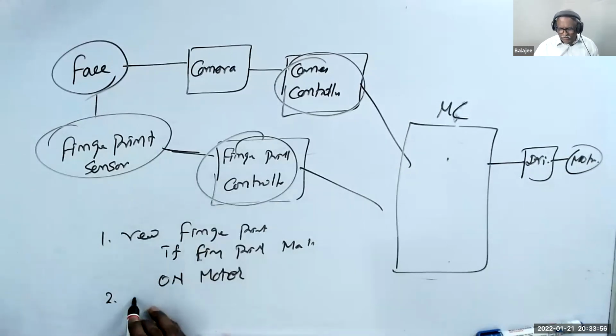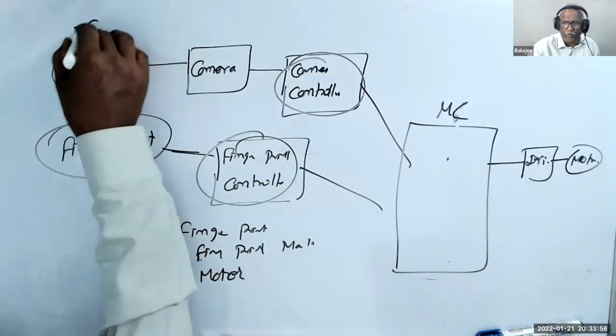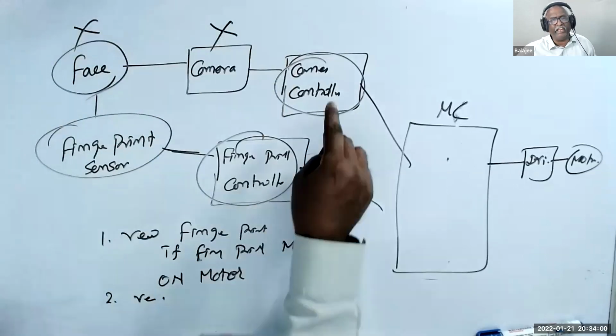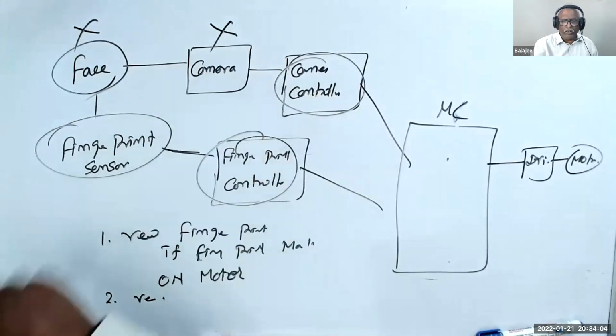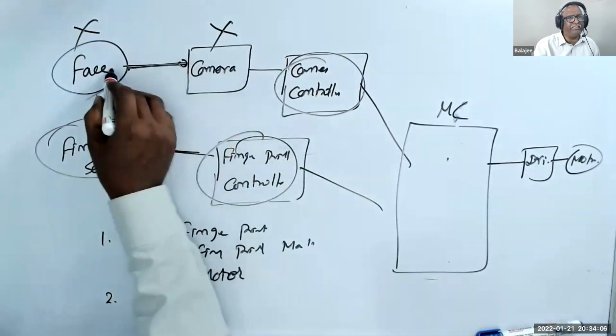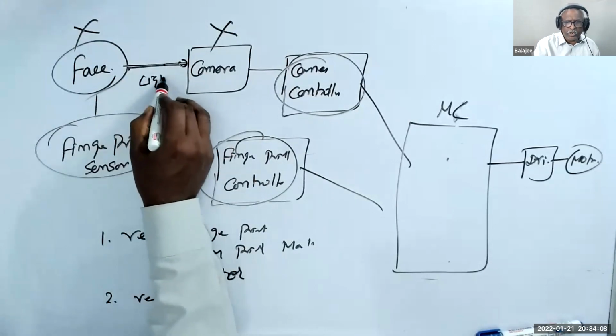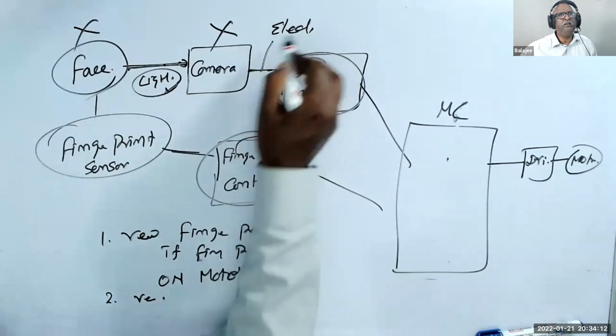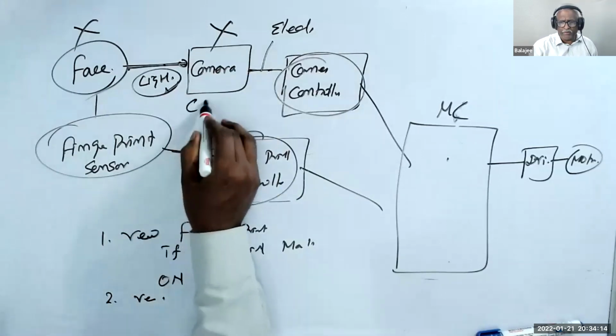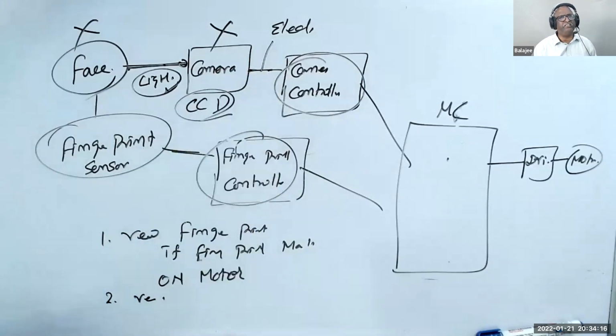Next, read the camera controller. I'm not worried about your face. I'm not worried about your camera. Those things are taken care of by your camera, which will convert your light. Your face, you're getting a light. Your light is getting converted to an electrical signal. That's what you call CCD cameras, charge coupled devices.